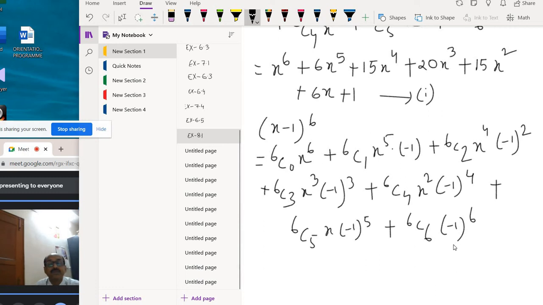So 6C0 is 1, that is x to the power 6. Then minus 1, so the sign will be minus: minus 6 x to the power 5. Then (minus 1) square is plus: plus 15 x to the power 4. Then (minus 1) cube, so minus 20 x cube.